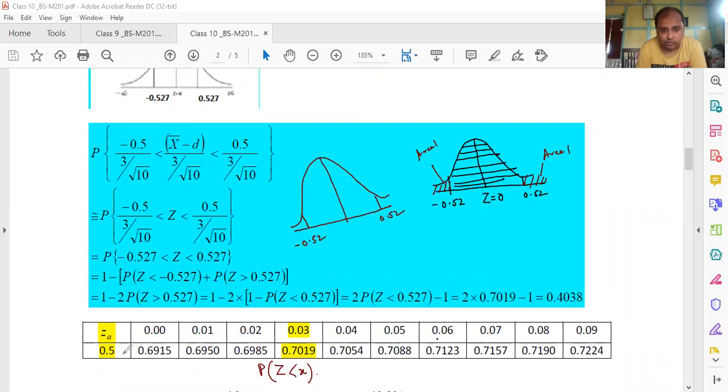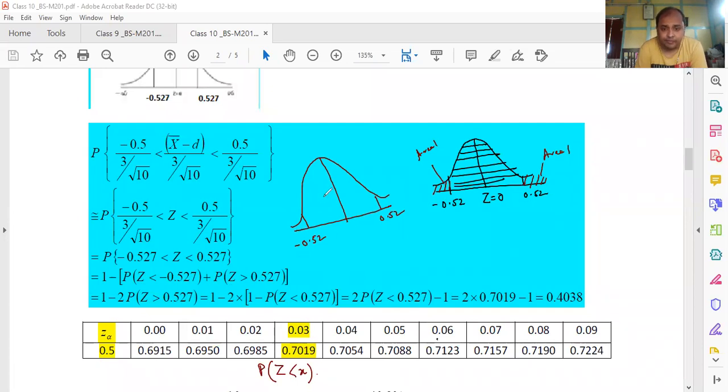So 0.52 will obviously be this one. 0.527 is approximately equal to 0.53, so I can consider this also. If I consider this, I'll get a probability 0.70, and if I consider this, I'll get a probability of 0.69. Now, how can I take the help of this table to calculate this thing?